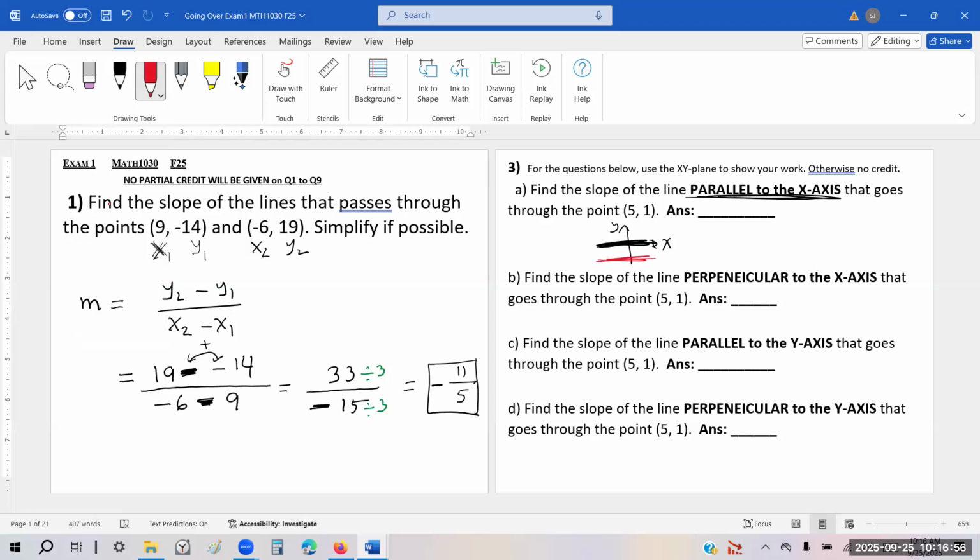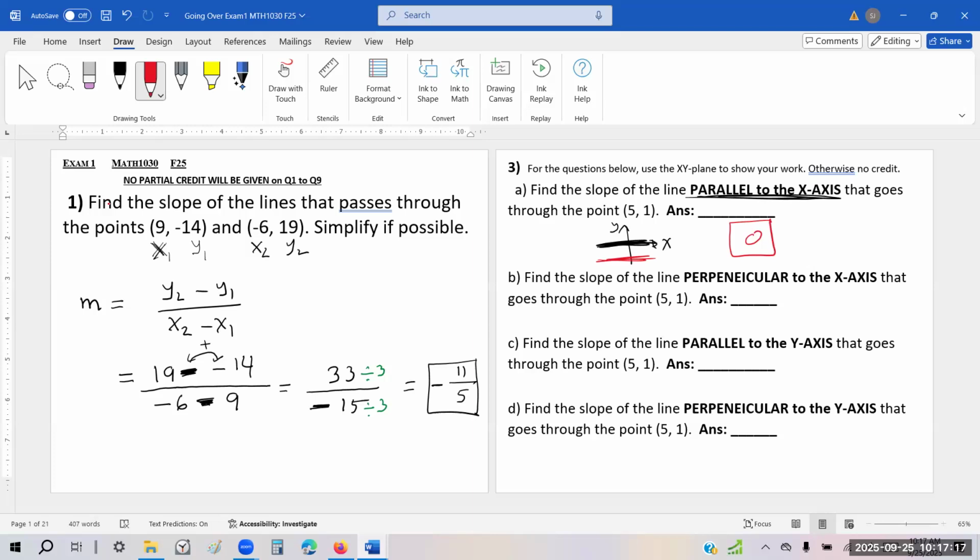I gave you the point, but the point doesn't matter. The main idea is the part I bolded, parallel to the x-axis. So if your x-axis is a horizontal line, its parallel line also has to be a horizontal line. That's the idea here. And what is the slope of any horizontal line? 0.